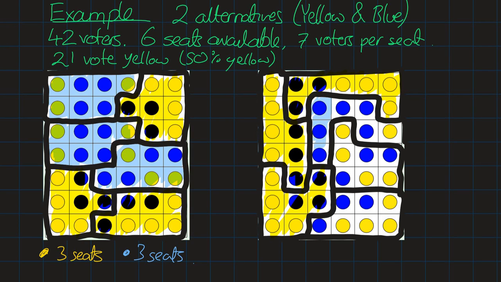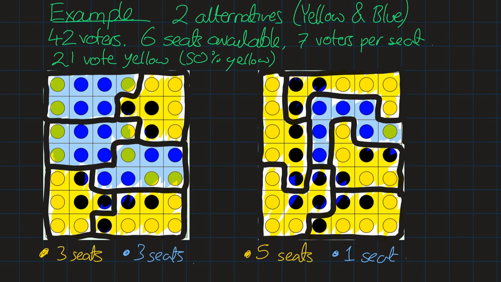So blue definitely wins this one, by a large margin. The next one, yellow has 4, blue has 3, so yellow wins. And the next one, yellow has 4, blue has 3, so yellow wins again. So now yellow has 5 seats and blue has 1 seat.